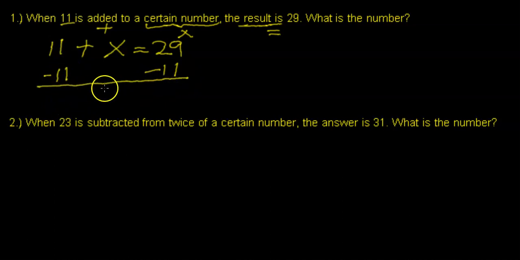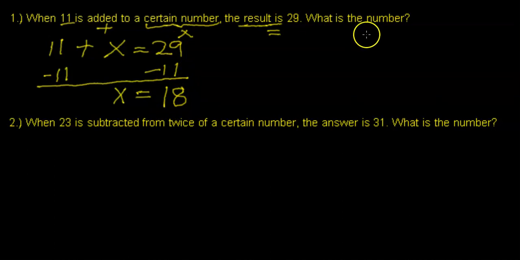It's basically 0. And then on the left side, we still have our x. And 29 minus 11, so we have our equal to sign. 29 minus 11 is 18.